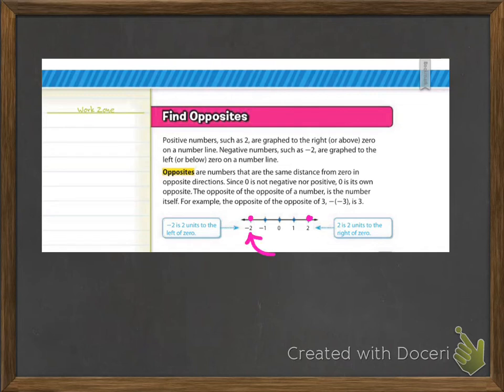There's nothing different in this lesson about where the opposites are. Just a reminder about 0, it's neither positive nor negative. If I have the number 5 and I want you to give me the opposite of 5, well, the number 5 is 5 spots away from 0, and therefore negative 5, which would be on the left side, would be the same 5 spots away from 0. And that's all that's really saying. Opposites, pretty straightforward and basic.